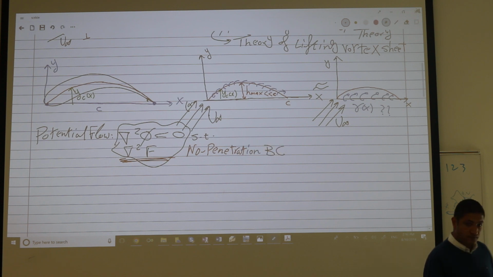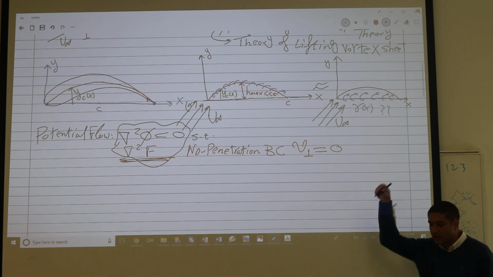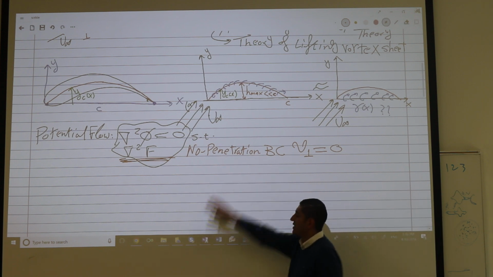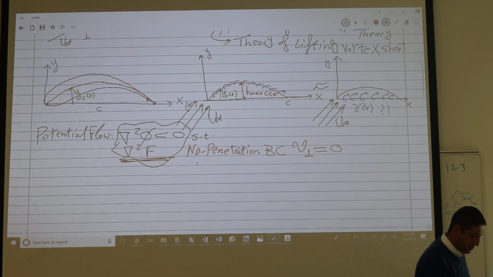What do we mean by the no penetration boundary condition? That the flow component normal to the surface is 0, that the flow doesn't penetrate the surface. The name is very expressive. Sometimes it's called the kinematic flow condition, because it's a kinematic condition, not a dynamic one.